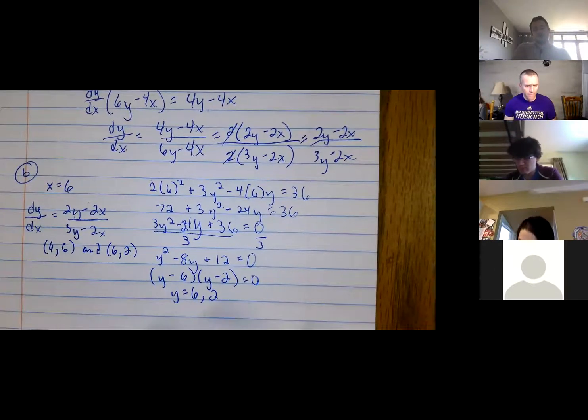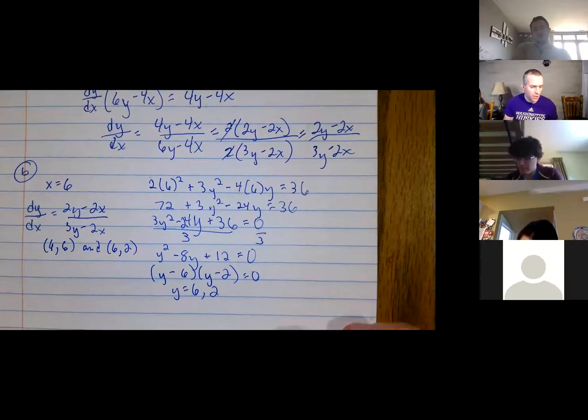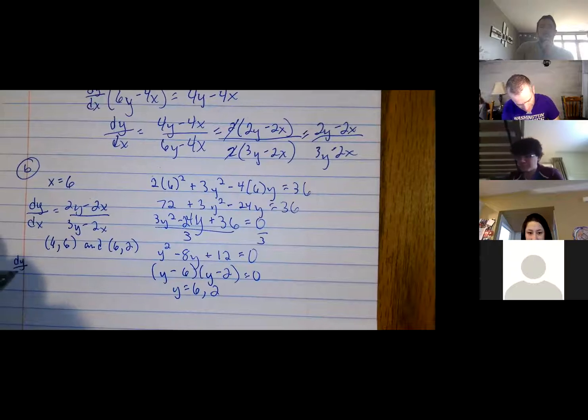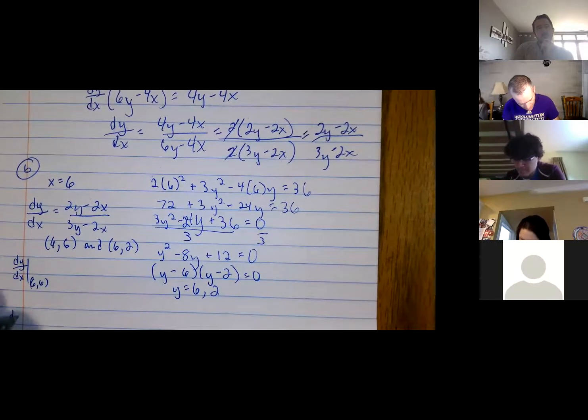The question says, find the slope of the tangent line to the curve at each point where x equals 6. The way that's worded would probably hint to you that there's more than one.